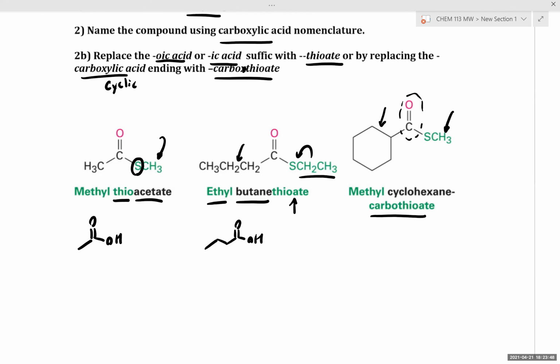So for the cyclic one, we have to mention the carbo part. Yes, so just like we would name a carboxylic acid attached to a cyclic chain as carboxylic acid, we name our thioester attached to a cyclic system as carbothioate. Does that make sense?